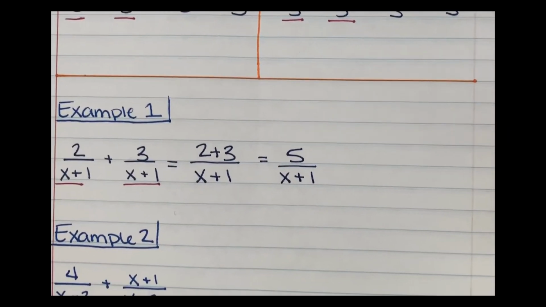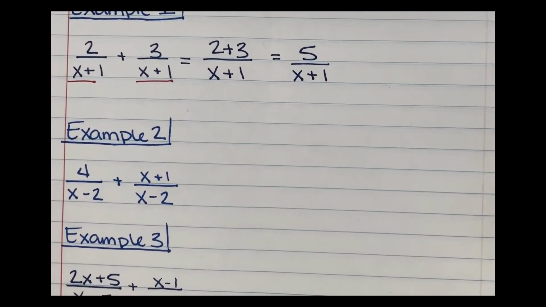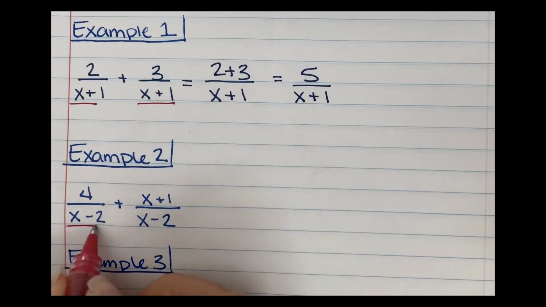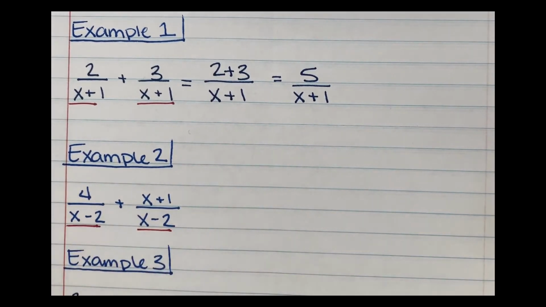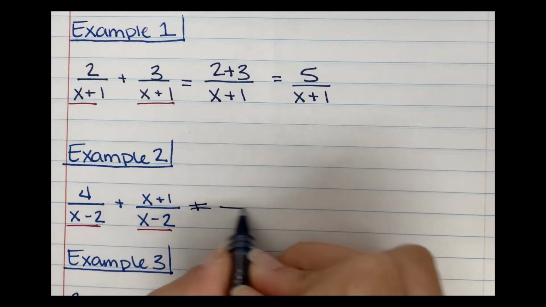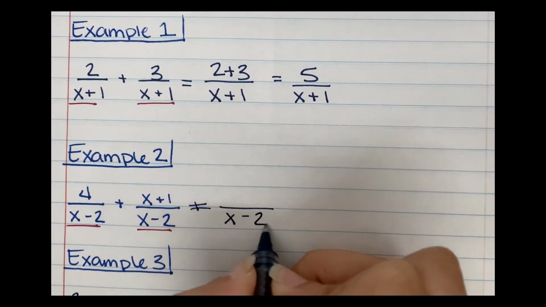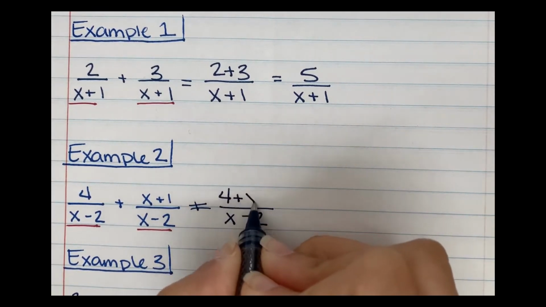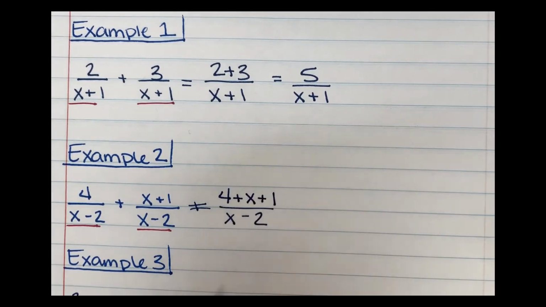Example 2, we have 4 over x minus 2 plus x plus 1 over x minus 2. Our denominators are x minus 2 for both problems, so we could just add them by writing x minus 2 as our denominator. 4 plus x plus 1.